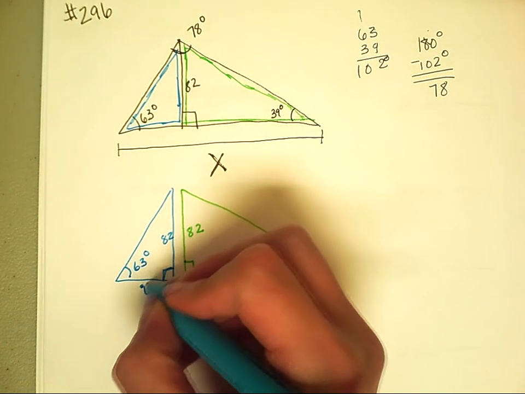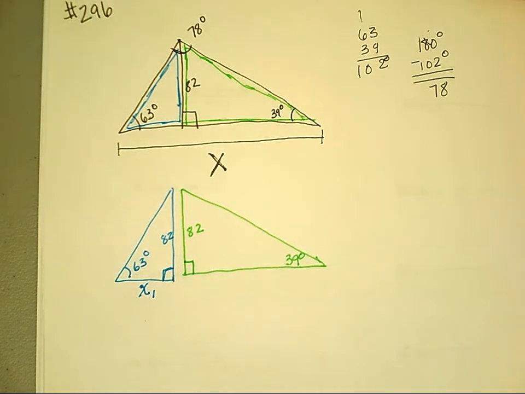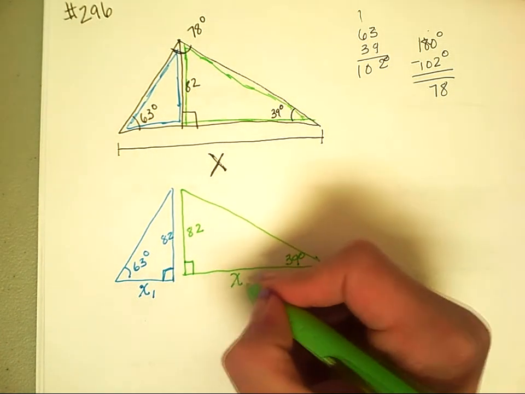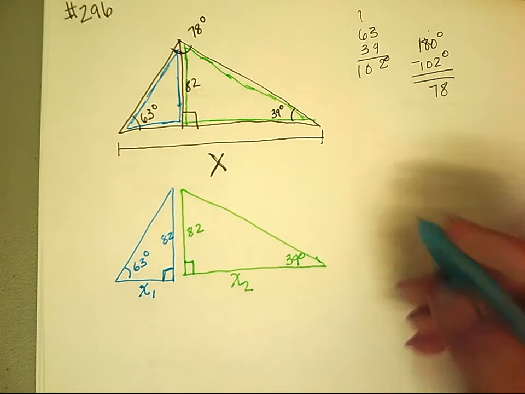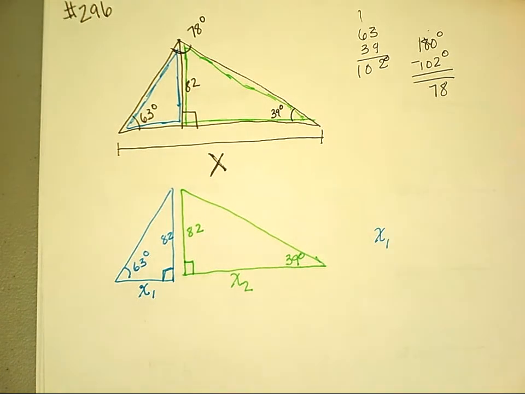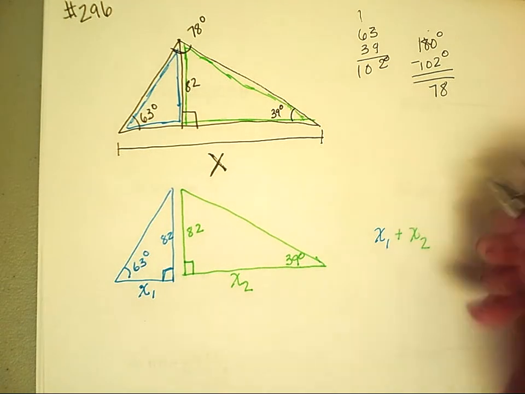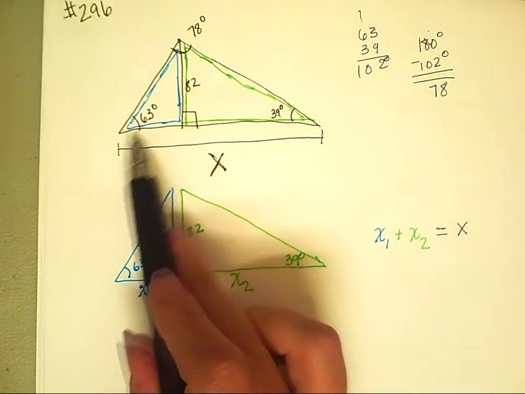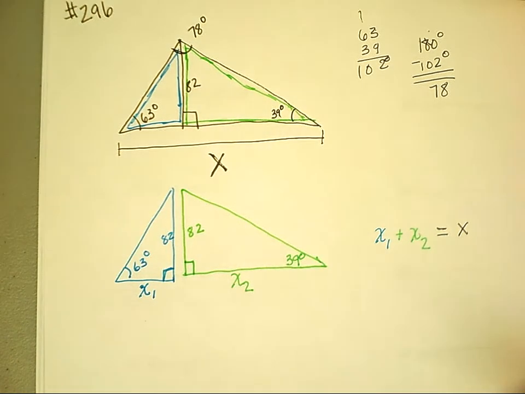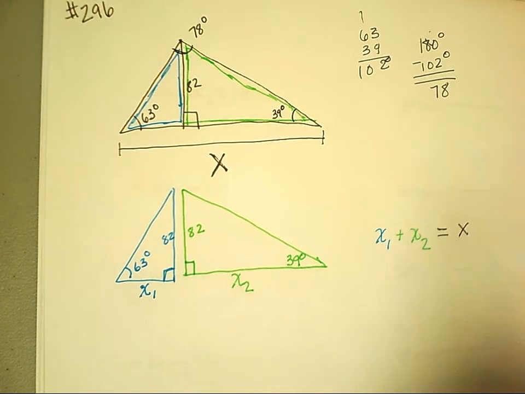So this is some x1, and this is some x2. But what we know about them is that x1 plus x2 has to equal this x, this entire side, which is what we're looking for.